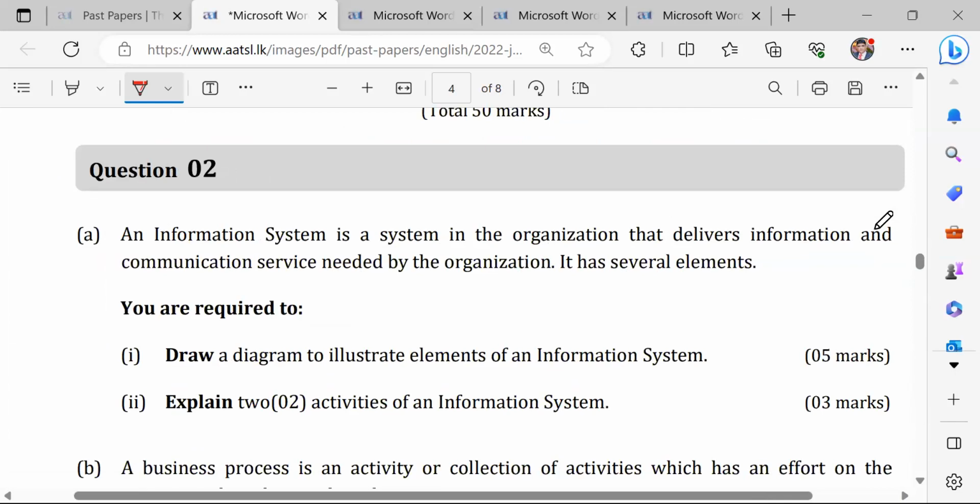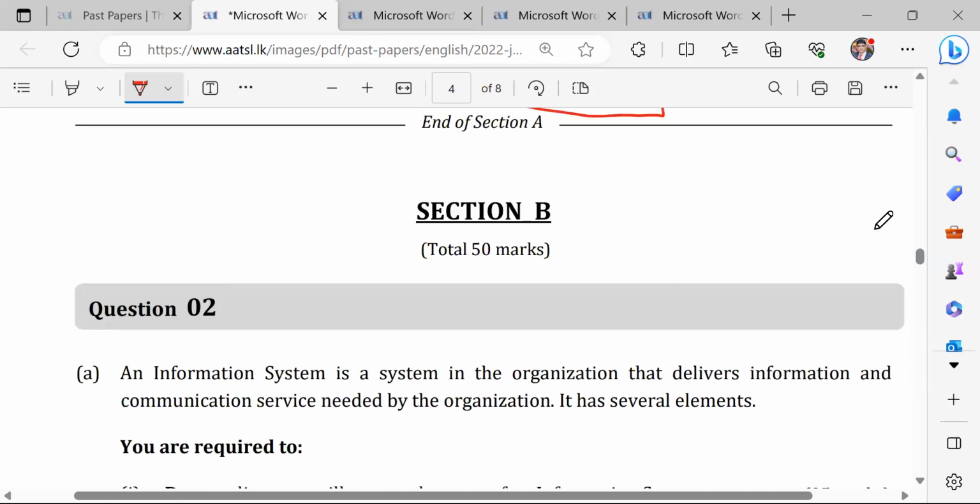If you can remember in your study text, I have provided this diagram. I will give you the exact page number, but find it, right?